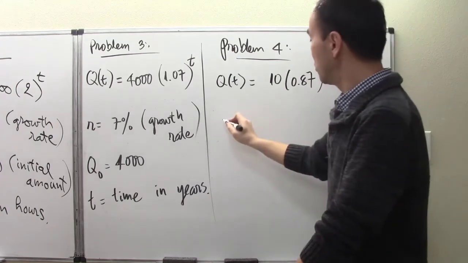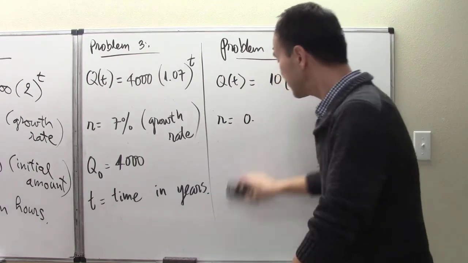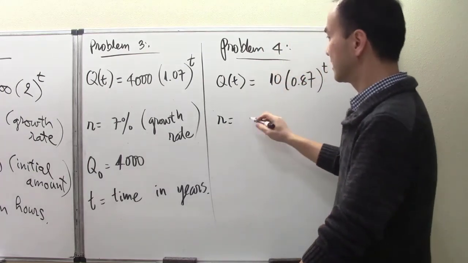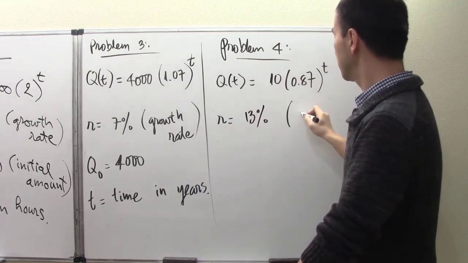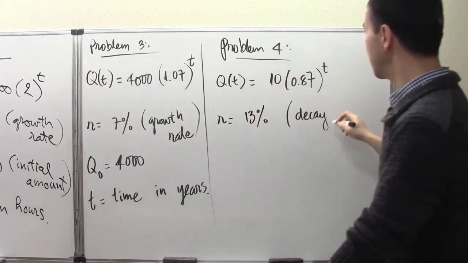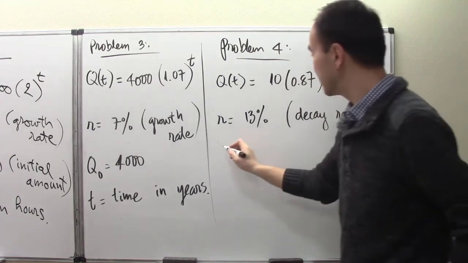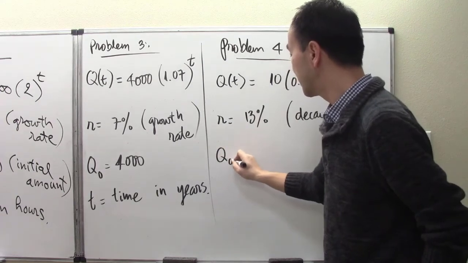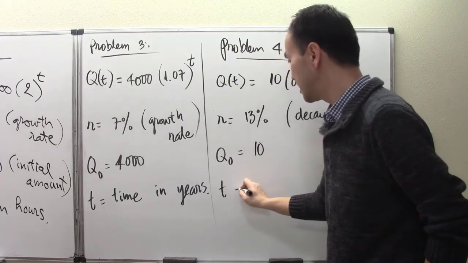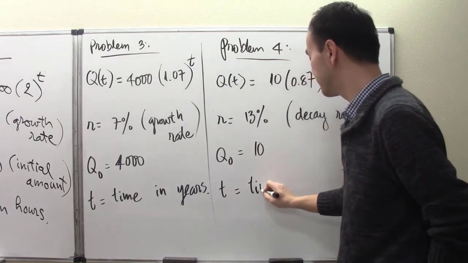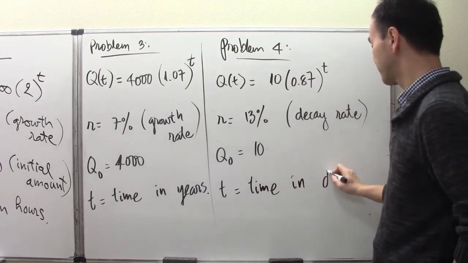So we have a rate here that was 13%, and for this problem it was called a decay rate. The quantity at start, I called it Q sub 0, and that was 10. And t is the amount of time, in days.